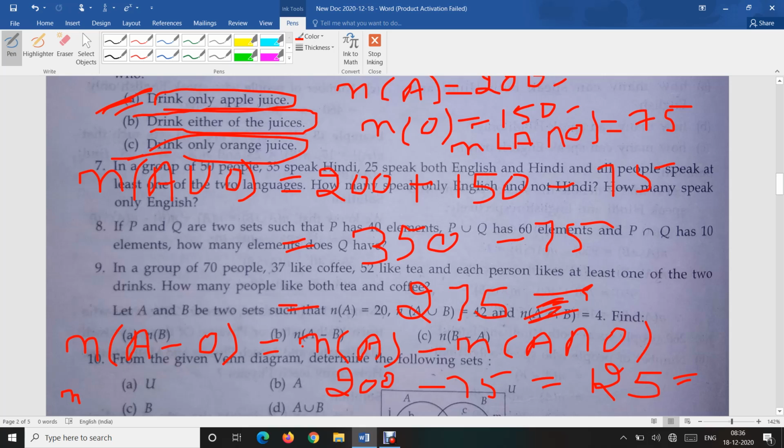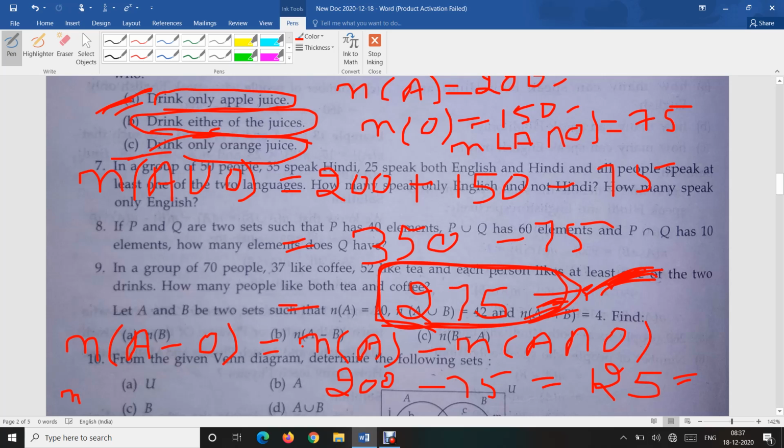Now for drinking either of the juices, that means we have to find the union portion, which we have already found out. So drinking either of the juices is 275, because remember I told you, A union B means the elements in set A, either in set A or in set B or in both.